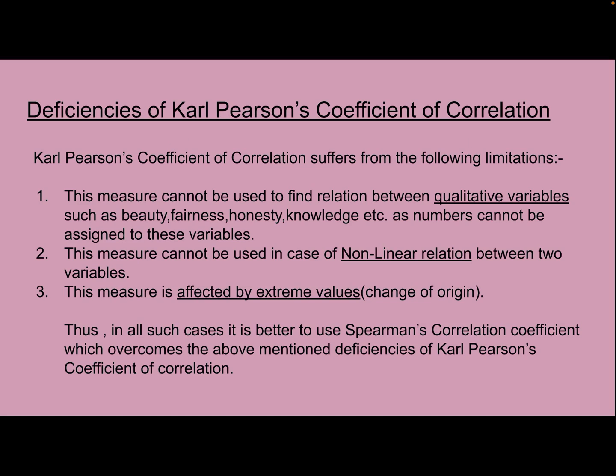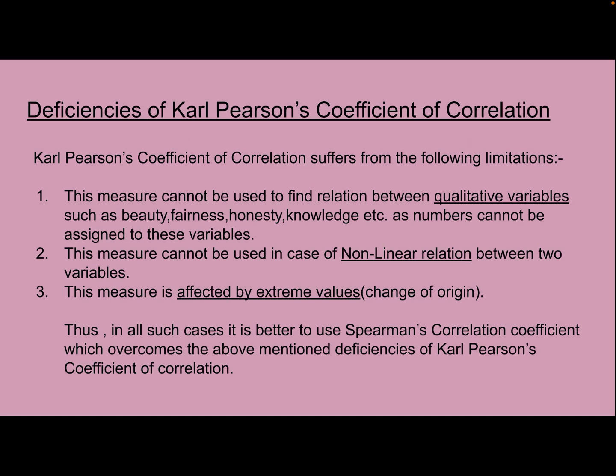Second deficiency is that this measure cannot be used in case of non-linear relation between two variables. As we studied previously, Karl Pearson's method can only be used if there is a linear relationship between two variables. In case of non-linear relationships, it is not suitable. Number 3, this measure is affected by extreme values, which is change of origin.